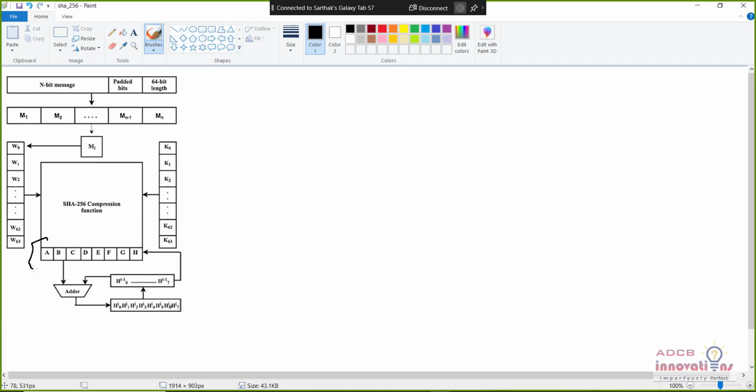We have these initial A B C D E F G H values, and these values are getting here. Then we have initialized this, this is getting here, and all these values are getting us this. Now this value is again going towards this, and this is again going towards this. This happens again and again, from t equal to 0 to t equal to 63 iterations. So let me tell you how we are going to get these hash values.